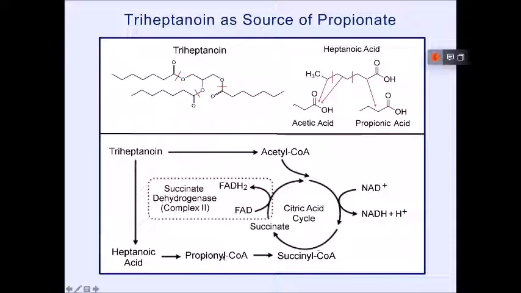Propionate that is not used directly for histone modification, which is the bulk of it, is converted into succinyl-CoA, and then that's metabolized simply to generate energy in the citric acid cycle.